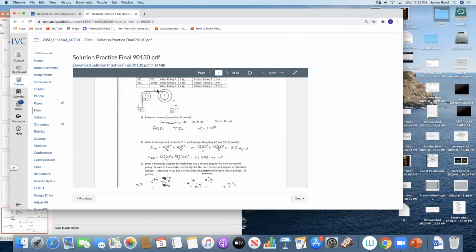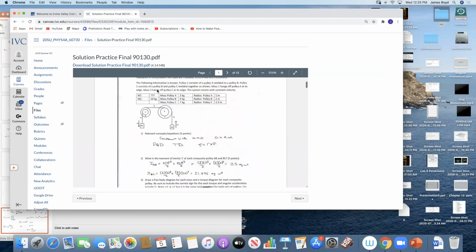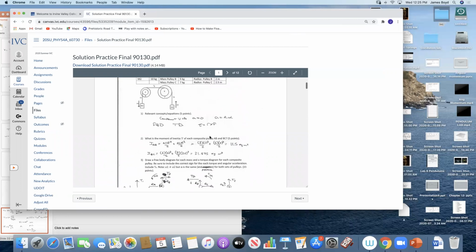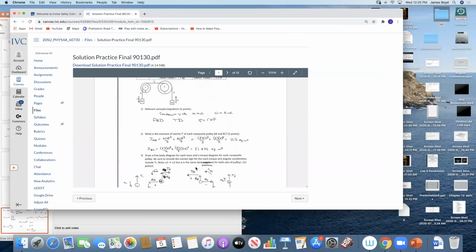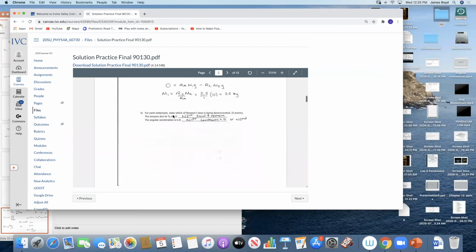But you might have a mass on an incline with a pulley. So know how to do this torque stuff for the pulleys. Just make sure and go through it.